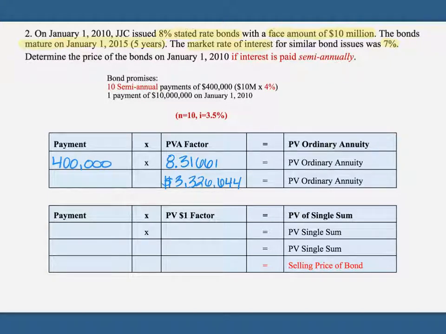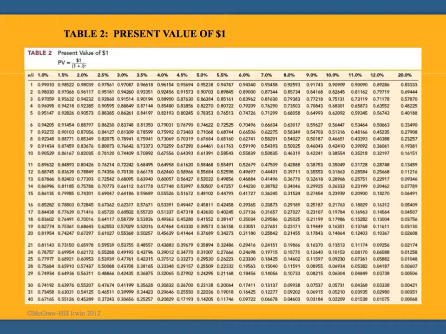Now we come down to do our one $10 million payment to find the present value of that. Again, let's look at our table to figure out what the present value of $1 is with 10 periods at 3.5%. At n equals 10, i equals 3.5%, we get 0.70892 as our factor.